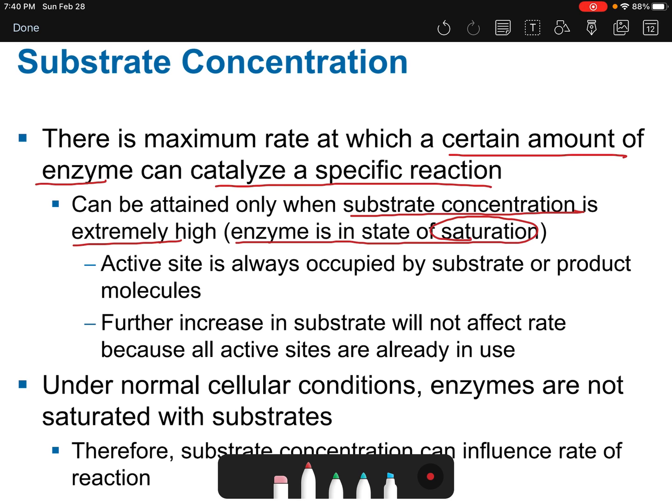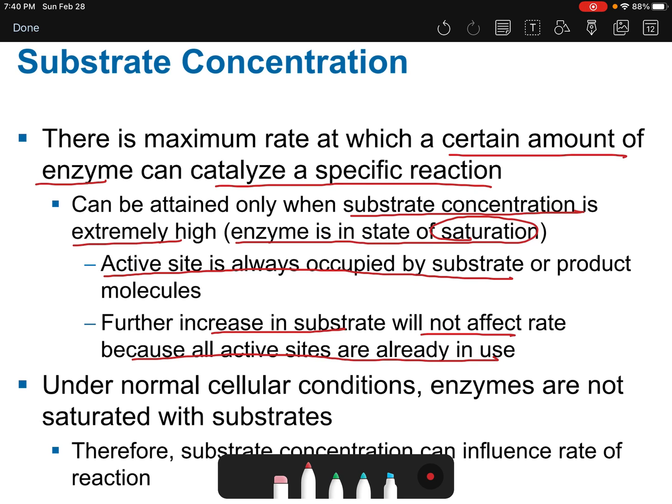That means that every active site is always occupied by a substrate. If you increase the substrate, it will not affect the rate because all the active sites are already in use. It's kind of like, if you're going to go on a ride at the fair, once all of the seats are taken up on the ride, you can't add more people to it because they're already filled.